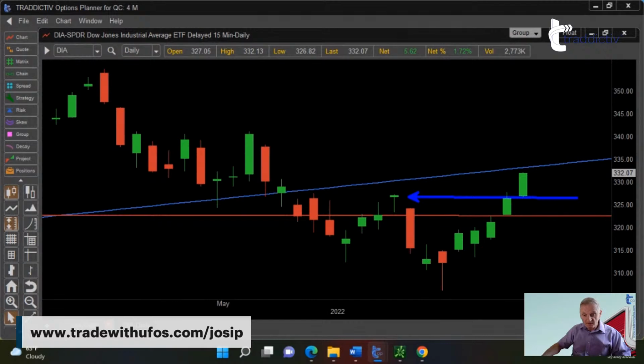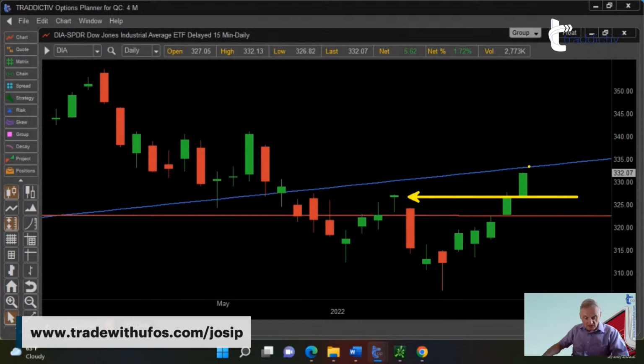But what they are missing is what I have drawn right here, this blue line. This blue line is drawn on a monthly, and it was a support that got broken when the price went down, and that old support now becomes a resistance, and we're just about ready to hit it.